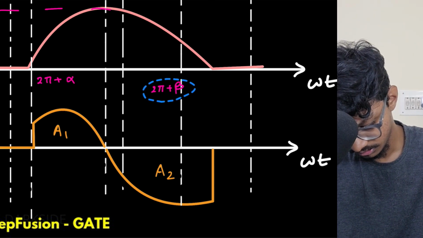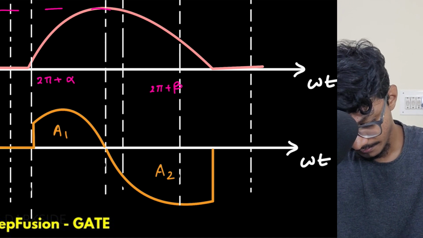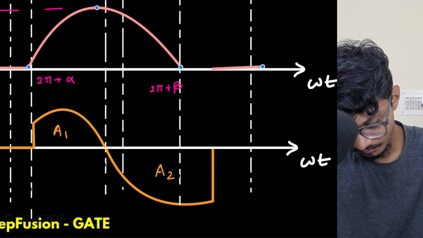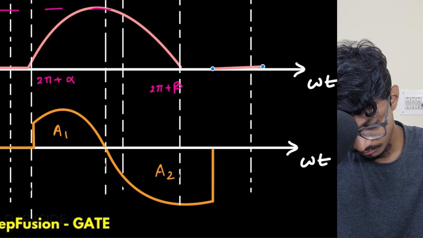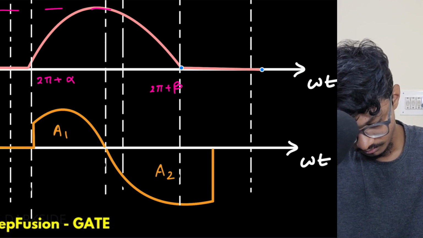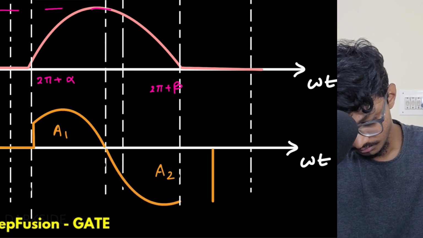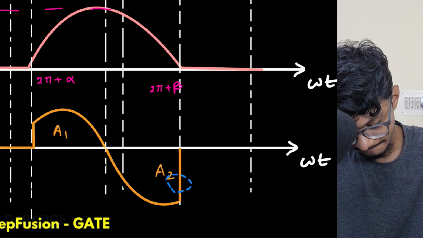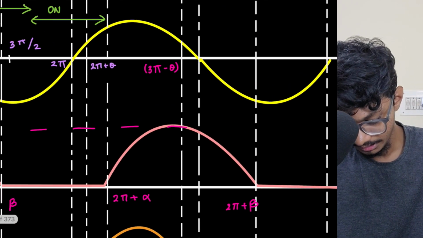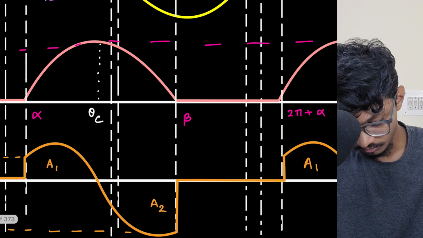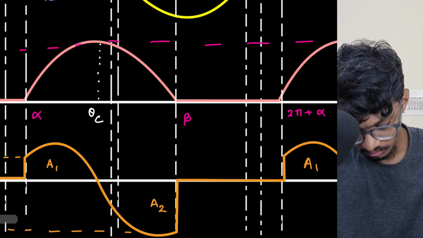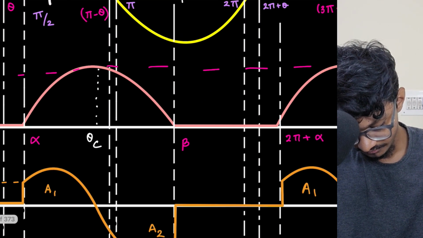Okay, this will be VL. And again, this point has zero, so the inductor voltage should go negative somewhere around here, which is correct.